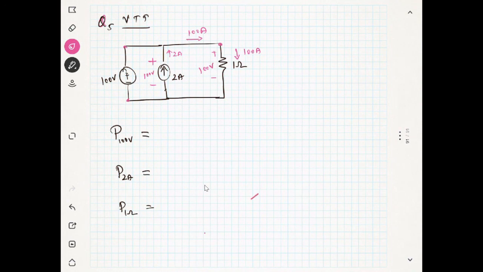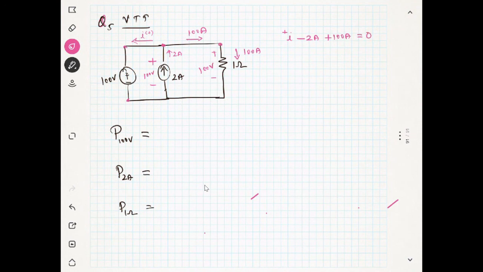We will apply Kirchhoff's law. Just assume that the current is leaving from the junction, because if the current is leaving the junction, I can give a positive sign. So I will assume plus I. Then this 2 ampere is entering, so minus 2 ampere. And this 100 ampere is leaving the junction, so it is plus 100 ampere.